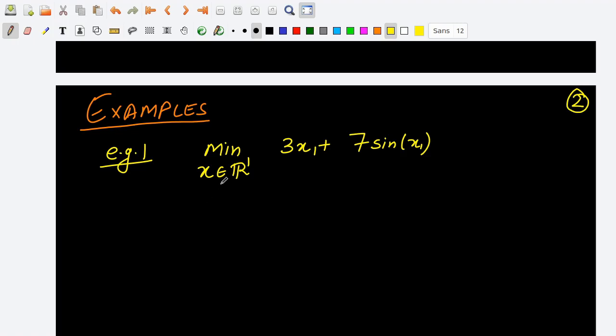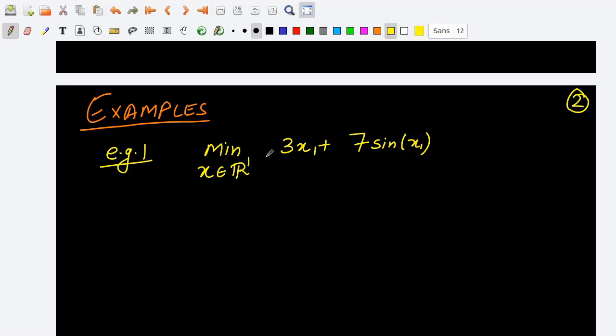I think most of you would be able to say that this doesn't really have a minimum because x1 can go as low as possible, and you can achieve whatever arbitrarily low value you can think of for this function.